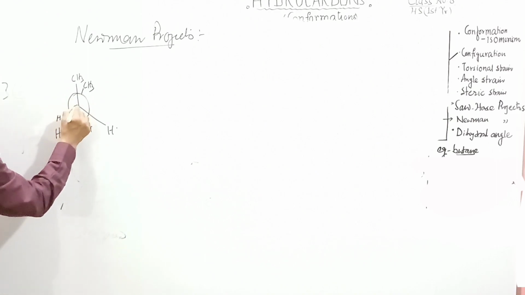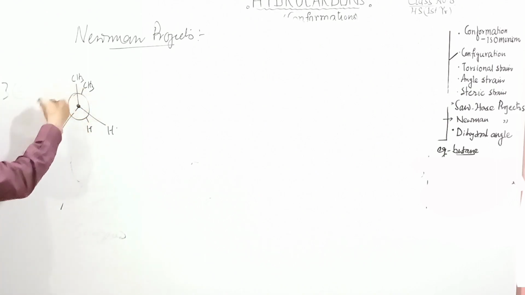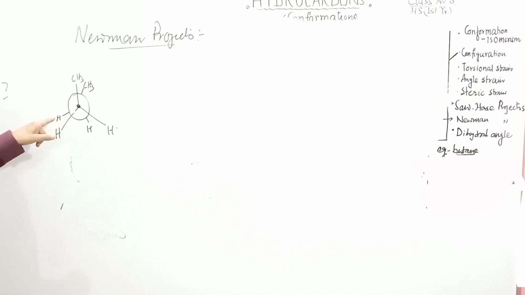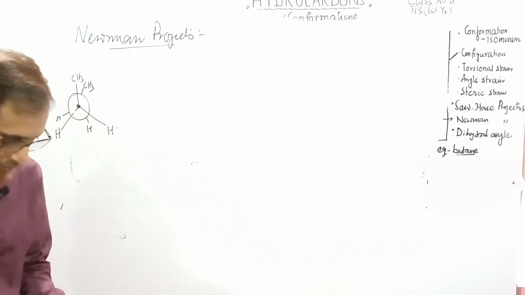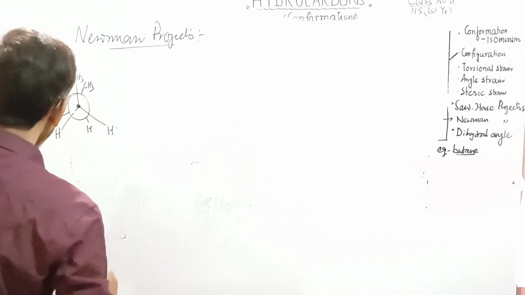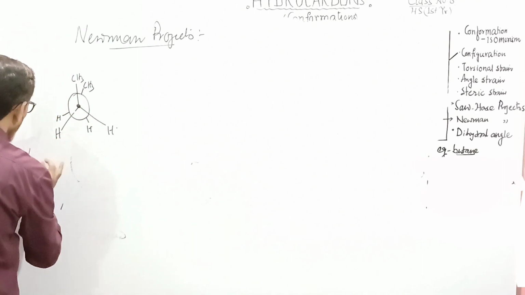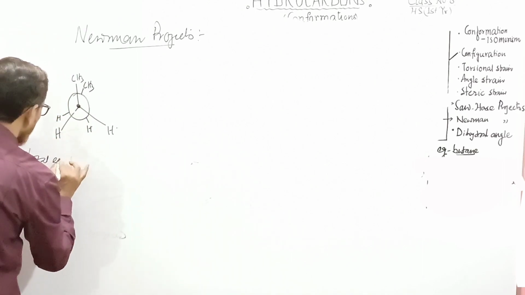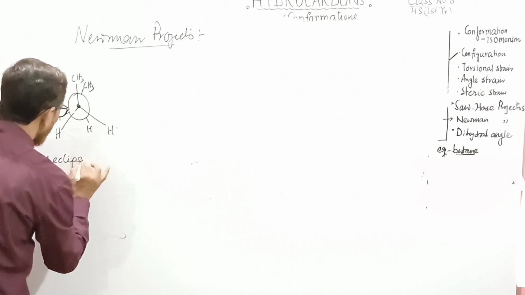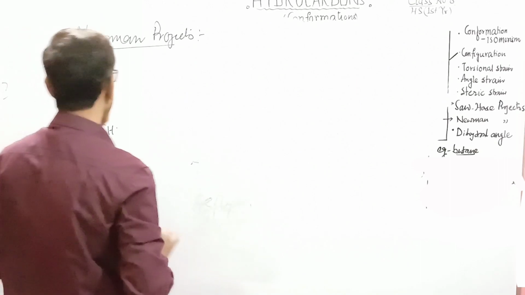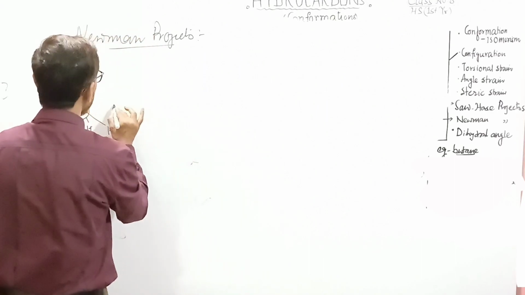Carbon 1 is in the center and carbon 2 is the circle, where we have CH3 side by side, H and H side by side, H and H side by side. So we have assumed it as totally eclipsed. Let us see what happens.